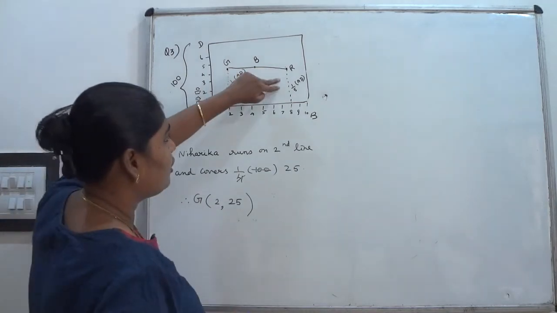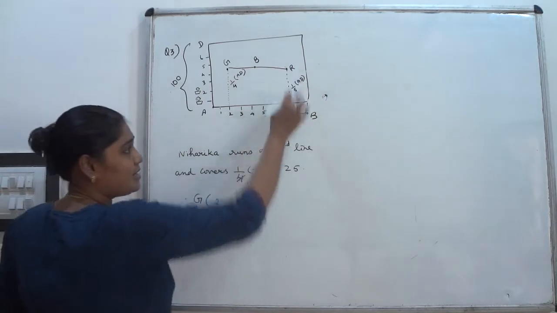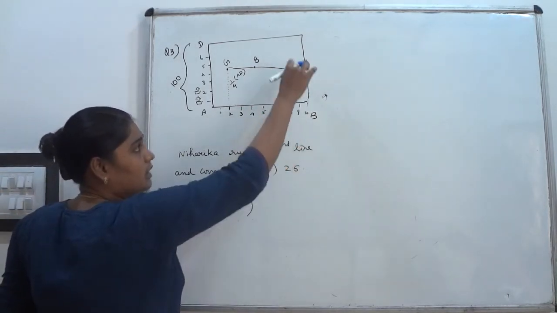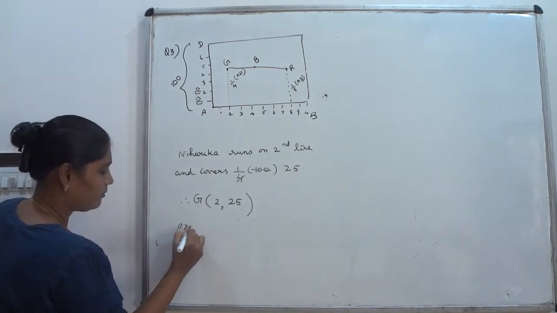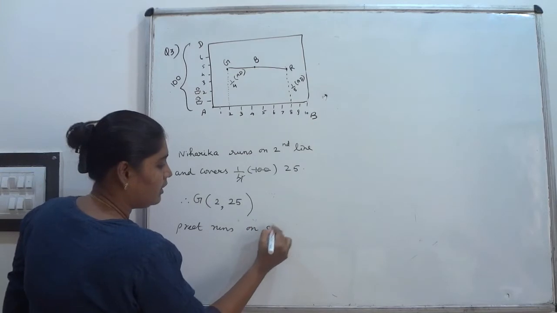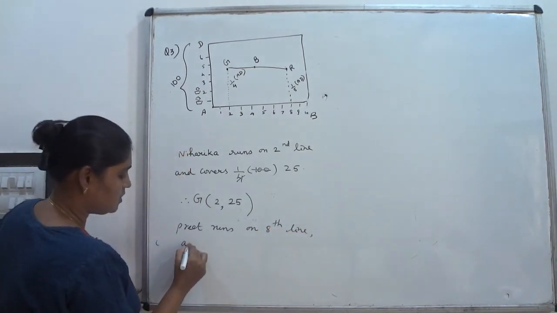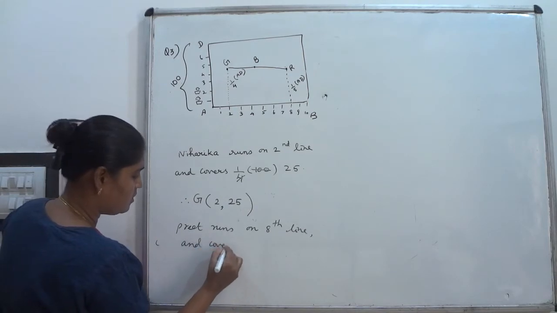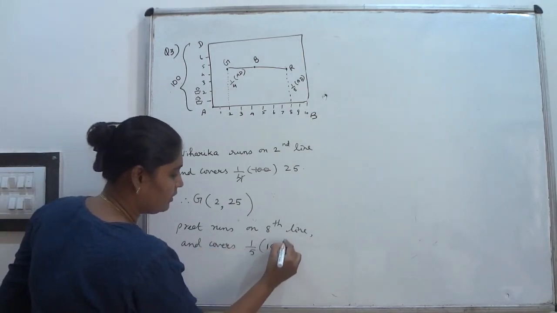The same way I am going to find out the coordinate point of R also. He is running on the 8th line and covers how much? 1/5 of the distance. So write it here. Preet runs on the 8th line and covers 1/5 of AD distance, that is 100.